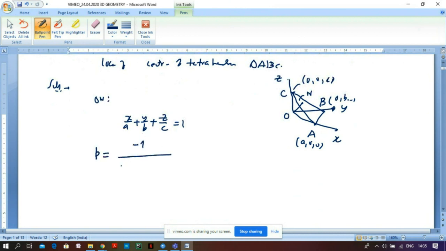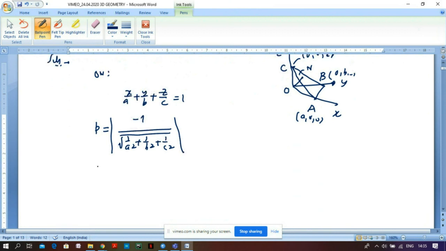This is negative 1, over the square root of 1 over A square plus 1 over B square plus 1 over C square. And I can put a modulus sign because it is negative 1. And so I will get the distance from origin, p, as 1 over root of 1 over A square, 1 over B square, 1 over C square.